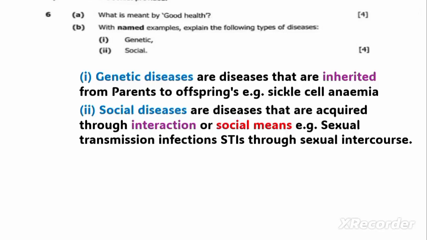Emphysema, bronchitis. The cause of these diseases is cigarette smoke. So cigarette smoke is the cause of emphysema and bronchitis. The cigarette smoke may be acquired, or someone may start smoking because of the social interaction. So emphysema and bronchitis can be a social disease.